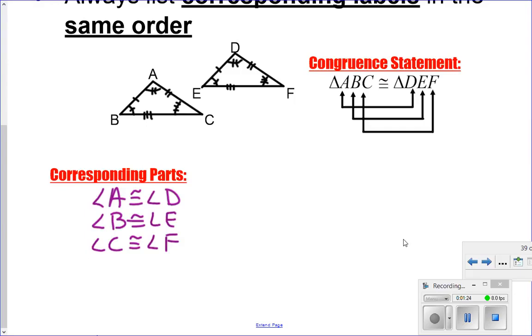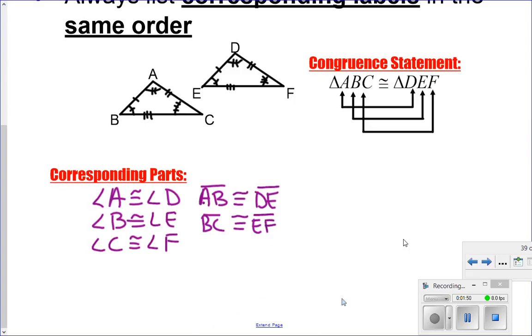I can also do the same thing figuring out congruent sides. So again, I can go in order. AB is listed first, so then DE. So segment AB is congruent to segment DE. Similarly, segment BC is congruent to segment EF.